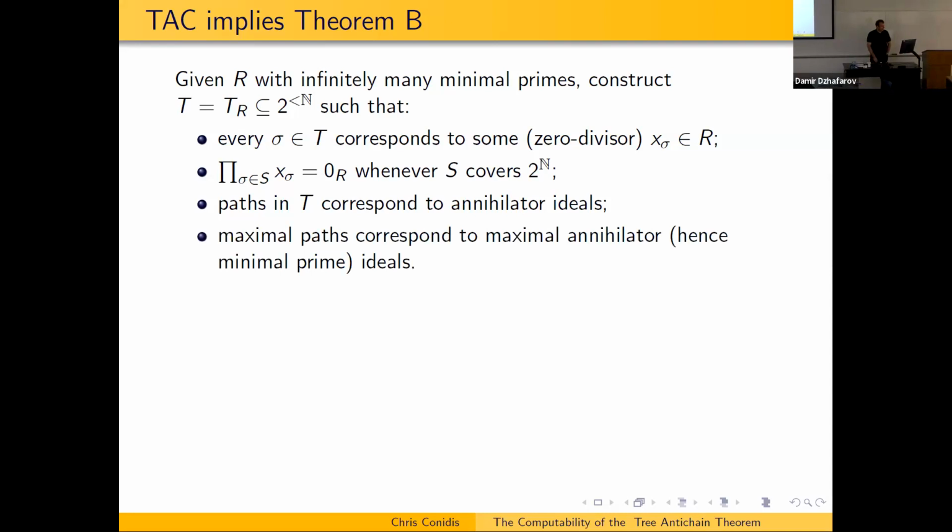What ends up happening is that maximal paths correspond to maximal annihilator ideals. And it's a well-known fact in algebra that if you're a maximal annihilator ideal, you're a minimal prime ideal. That's a theorem you can find in commutative algebra textbooks.